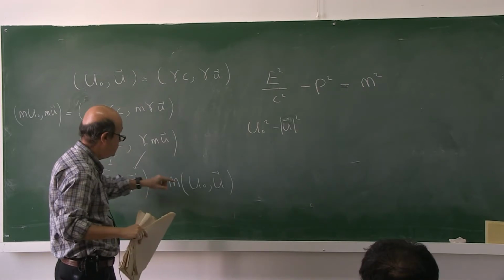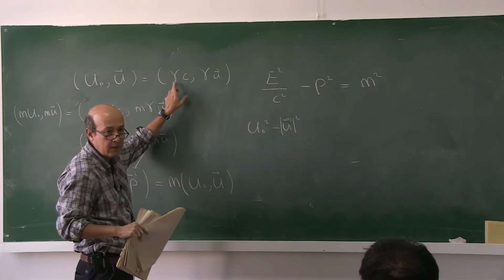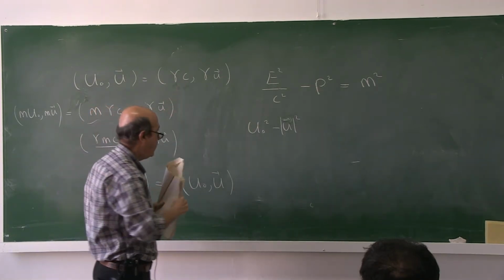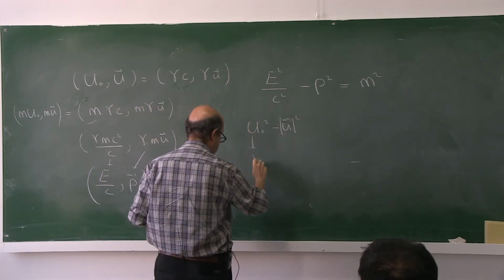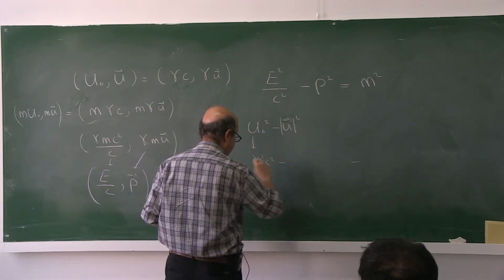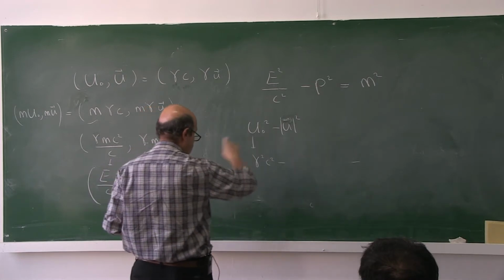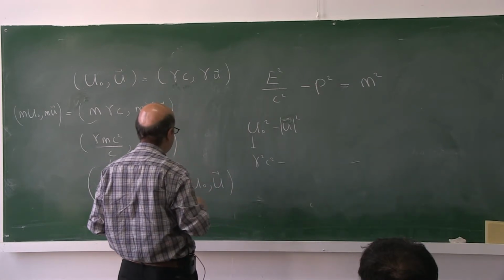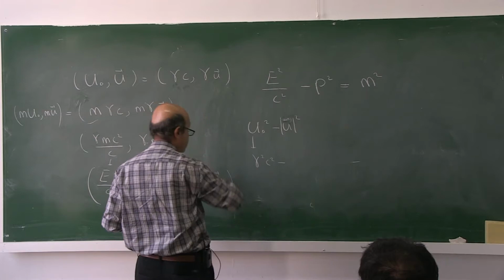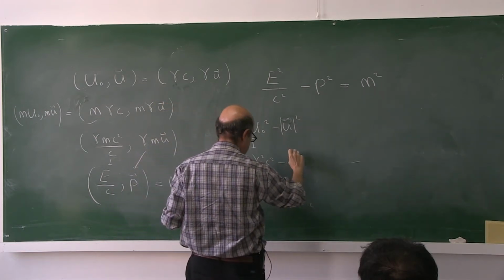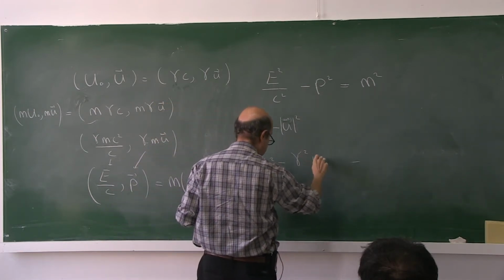So what is the U0 square? Gamma square C square, minus what? Gamma square U square.